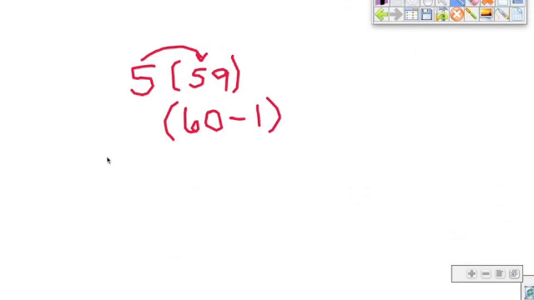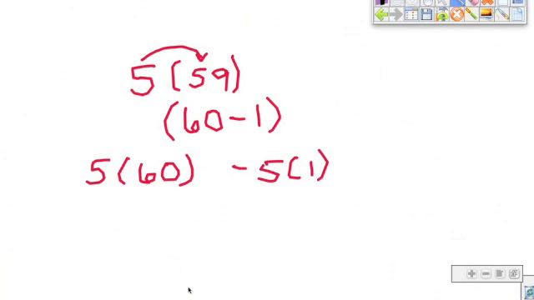Still multiplying by 5, so now if I separate these, I would have 5 times 60 minus 5 times 1. So you're breaking it up using the distributive property to make this go a little faster. I know this is 300 and this is 5, so very quickly I can come up with 295.